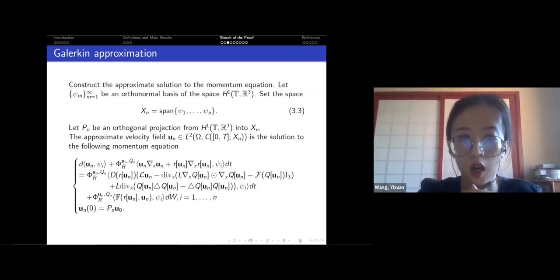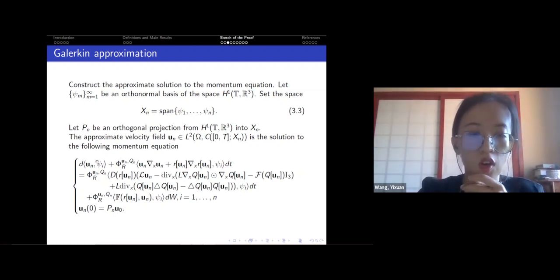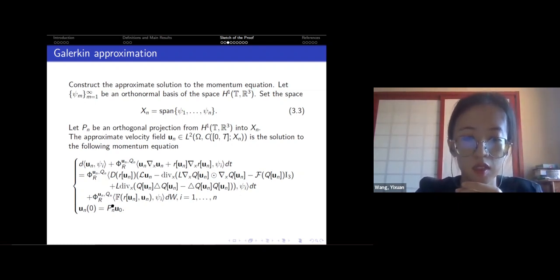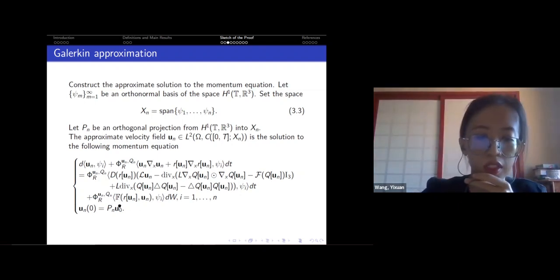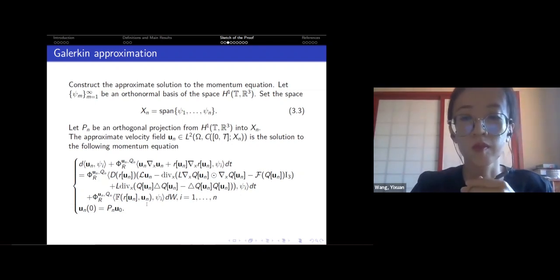So this approximate velocity field u_n is a solution to this momentum equation. We can see this approximate solution is built by taking the inner product with all the bases in X_n. And the initial condition is projected onto this X_n.